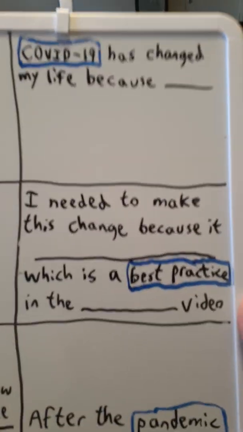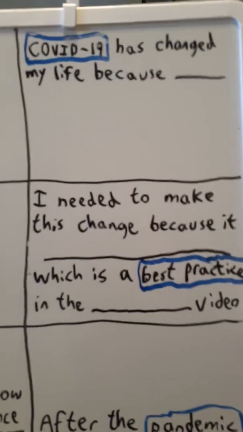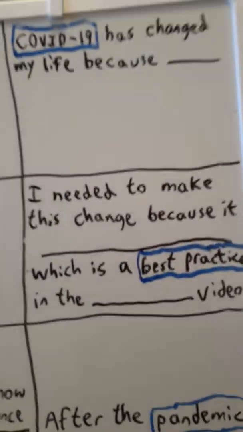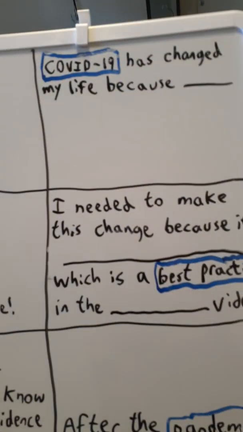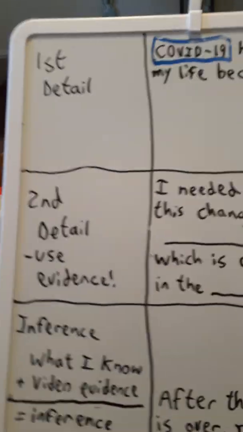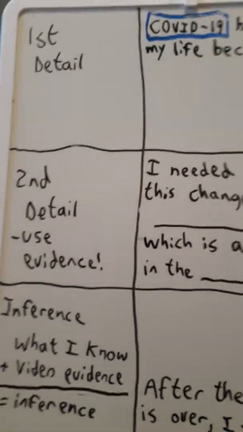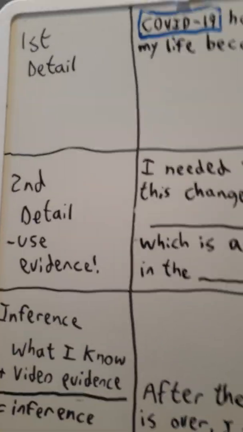So we need our first detail. That's going to tell us COVID-19 has changed my life because, well, think about what this pandemic and all the staying inside and all the changes in behavior and habits, how has your life changed because of it?